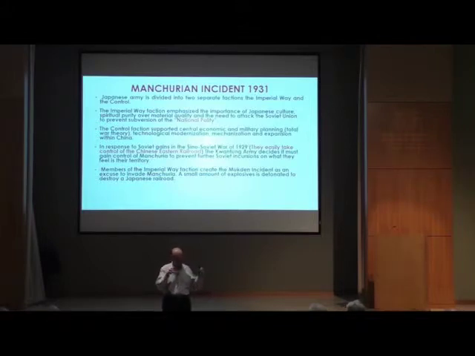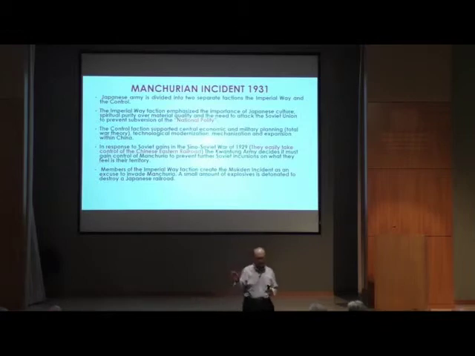In fact, it did so little damage to the railway that 2 hours later, a Japanese freight train full of troops rolls over the tracks that were just theoretically blown up. So it's a pretty minor thing. But they thought it would be enough to create an incident that they could then follow up on and begin to capture Manchuria.